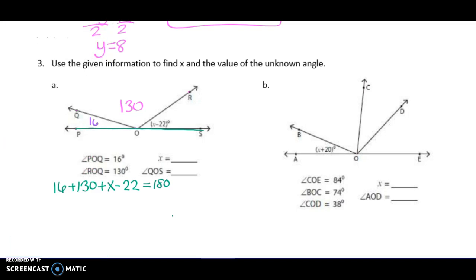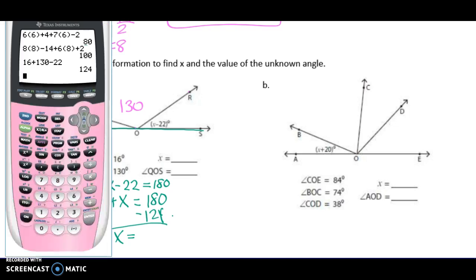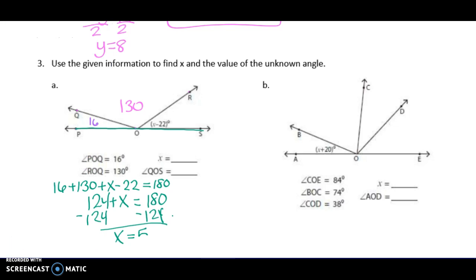So I get 124. So 124 plus x equals 180. And I would subtract the 124 to get the x alone. So what does that mean x is equal to? So that goes here. X is 56.